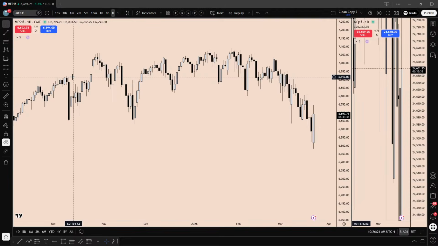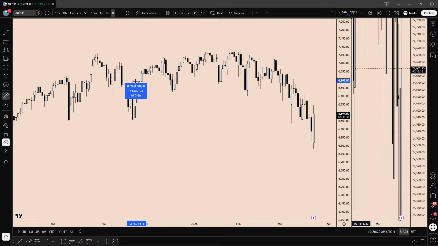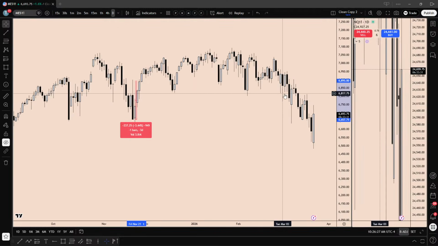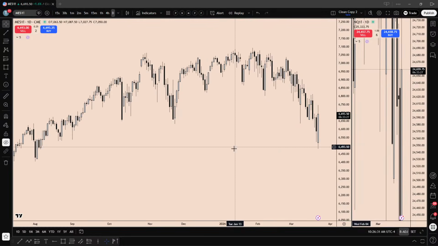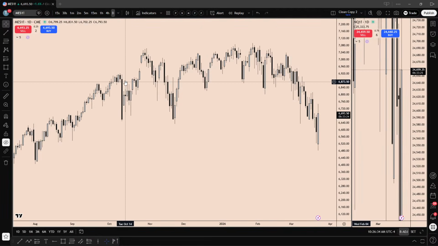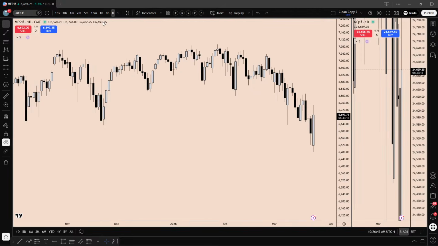How big was this one? Yeah, 260, 237. So really, this is the largest range since the original crash here, October 10th. But that kind of set into motion all this consolidation, so that might be significant. We'll see.